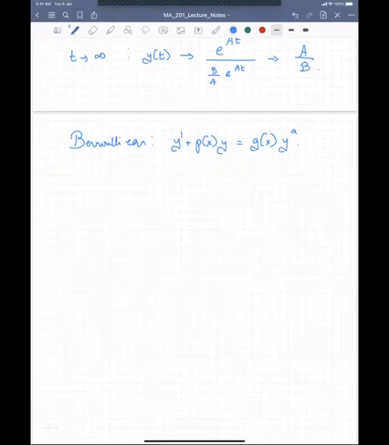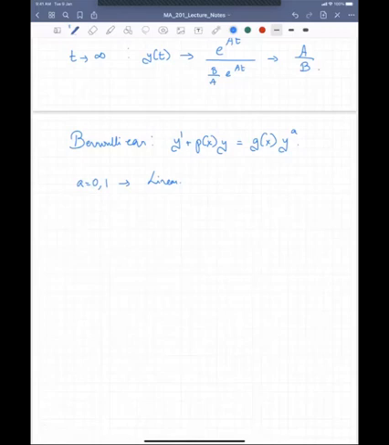Now, of course, if a equals 0 or 1, the Bernoulli equation is already linear. If a is 0, then it is already linear because it is just g of x. And if a is 1, then I can club the y term along with the p of x term, and it is of the form y prime plus some k of x times y equals 0.